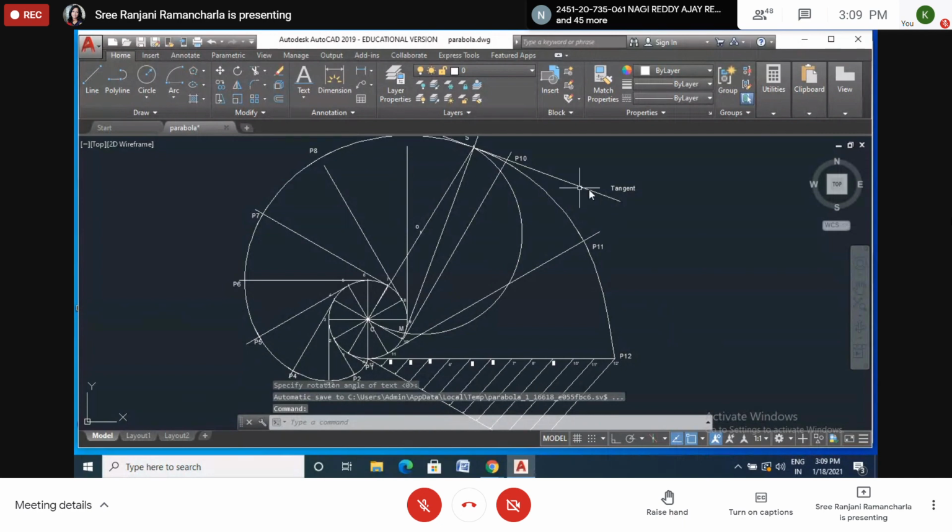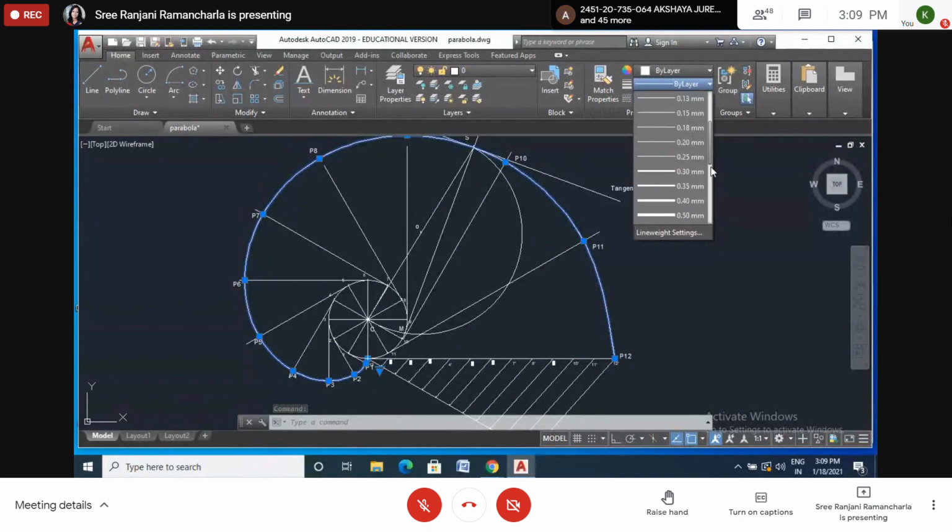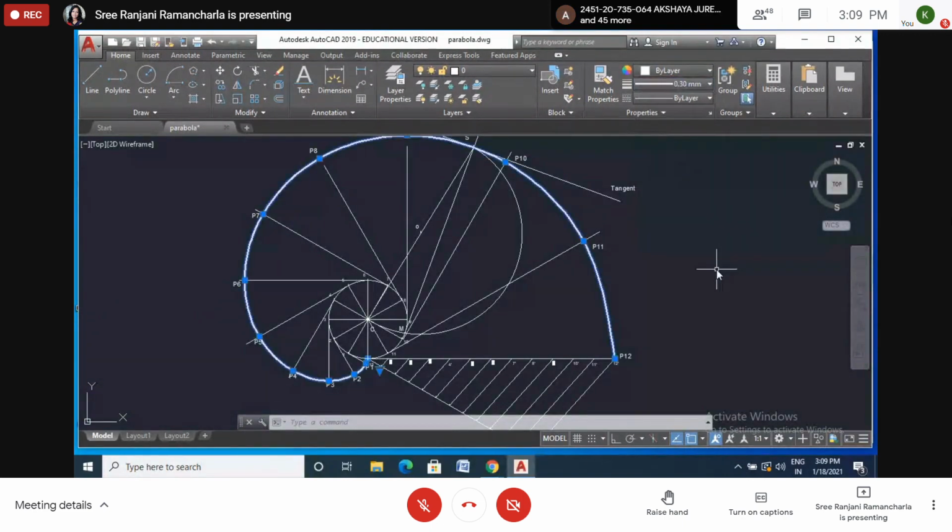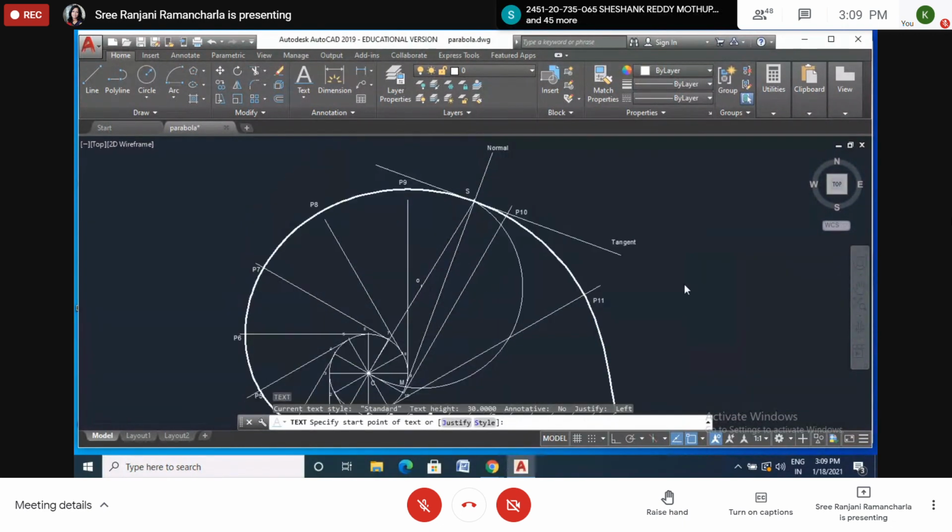Now I want to make it dark. What is the figure we are doing now? Involute of a circle. Make it thick. I want to show the normal and tangent also with thick lines, so you don't get confused because many lines are there.